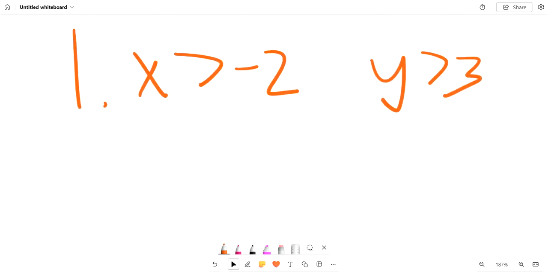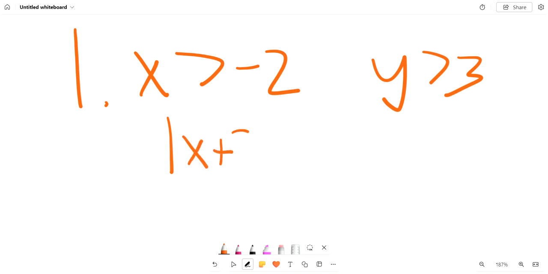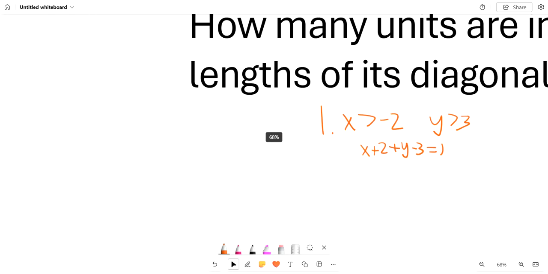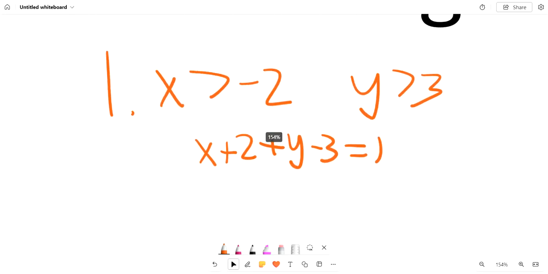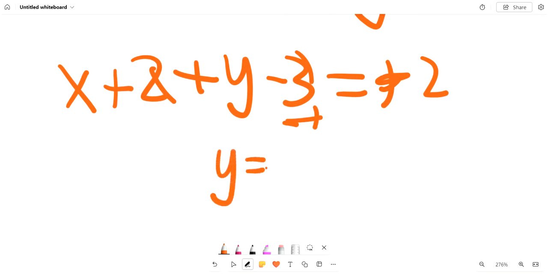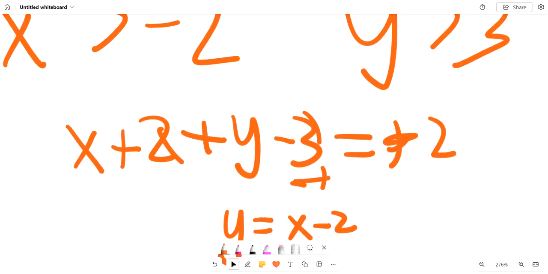And then with this we can cancel the absolute values because we know that they are positive, and we just end up with x plus 2 plus y minus 3 equals 1. And simplifying, we get this is negative 1 plus 1, 2.